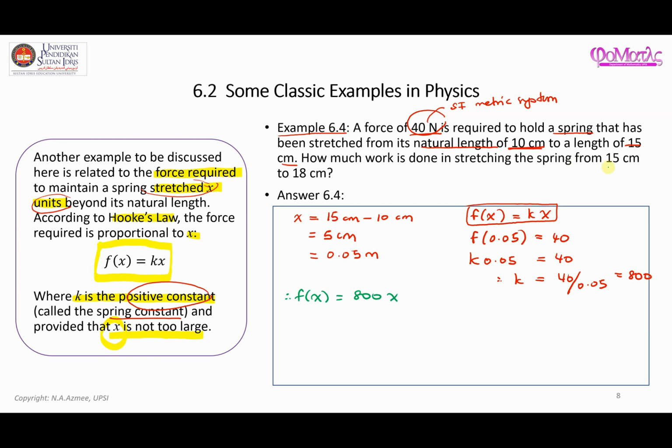How much work is done in stretching the spring from 15 centimeters to 18 centimeters? Recall that x here represents the units stretched beyond the natural length. Therefore, when I integrate this function, 800x dx, I need to find the lower limit and the upper limit. The lower limit is not 15 centimeters, because I need the units stretched beyond the natural length, so I need to consider 15 minus 10 centimeters, which is 5 centimeters.